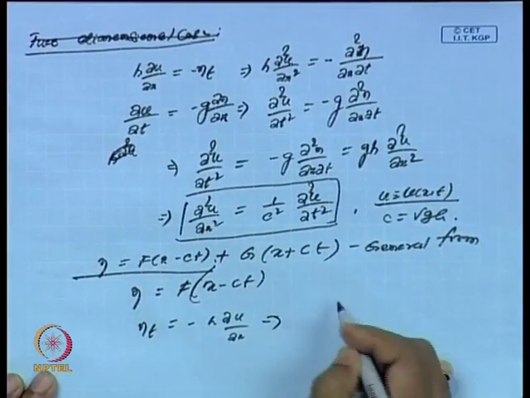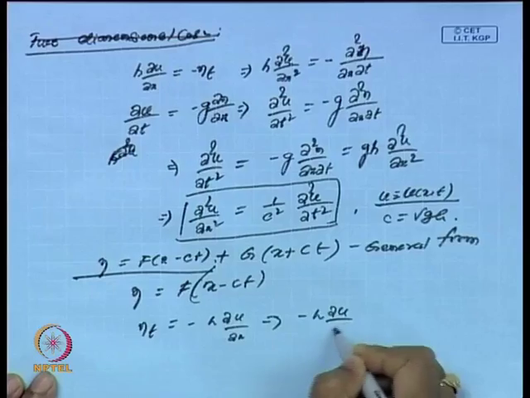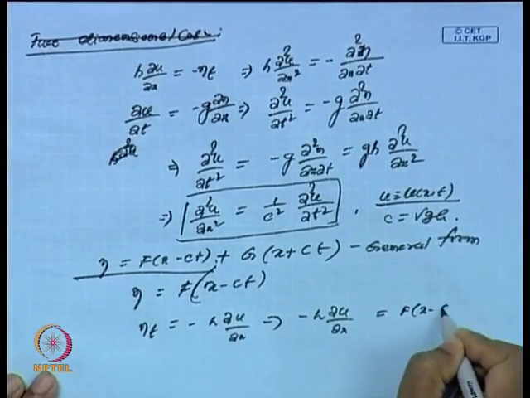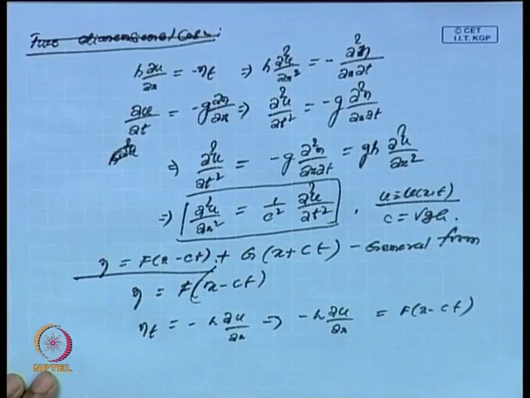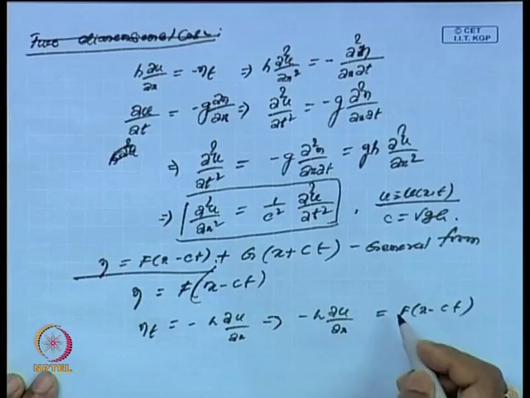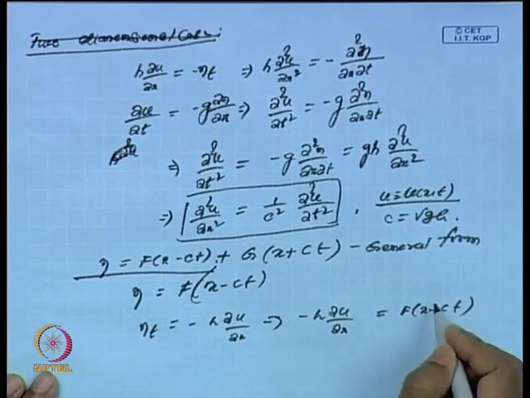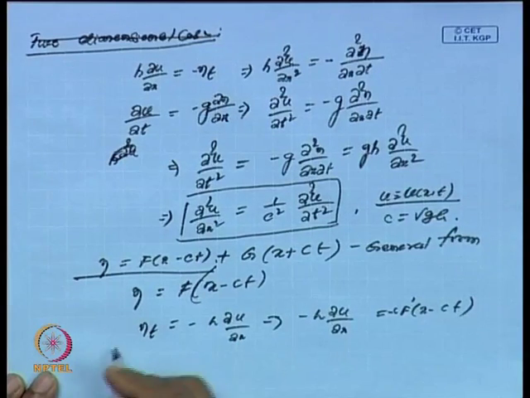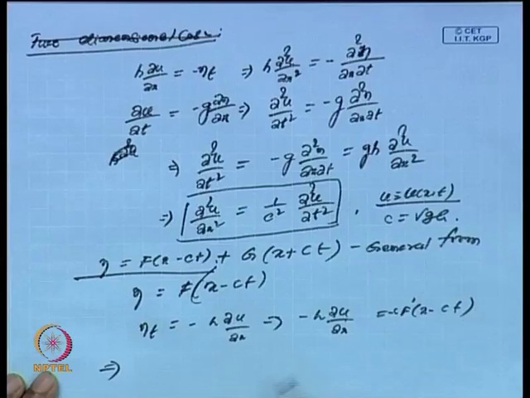Eta is f of x minus c t, so eta t is minus c times f dash of x minus c t, and then if we integrate with respect to x, we get u.